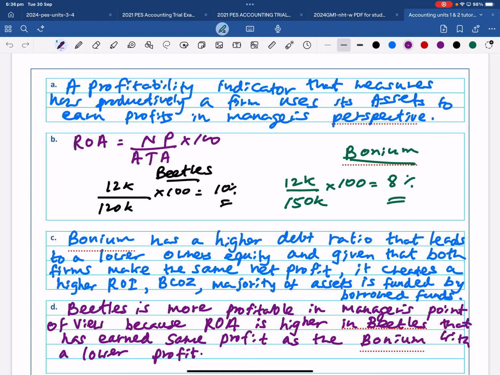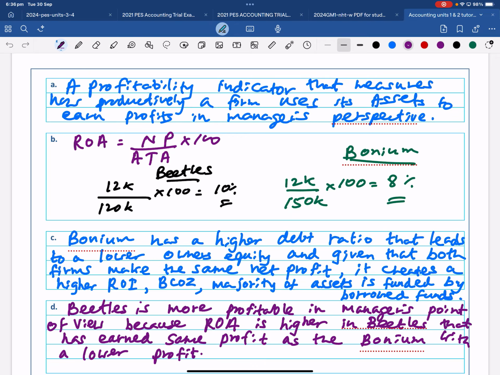Part C. Explain why the ROI is higher for Bonium than Beatles.